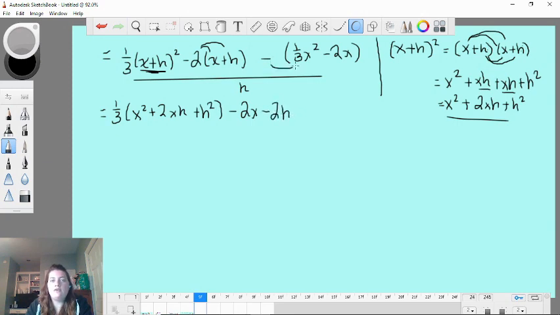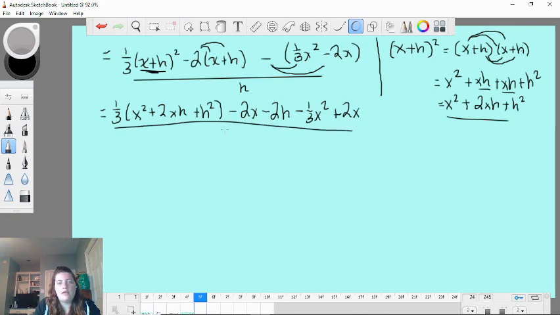I'm going to carry this negative through as well so we can get everything kind of on a straight line here. So you'll have minus 1/3 x squared. And then negative times a negative is positive, so negative 1 times negative 2x is positive 2x, okay? And this will all be divided by h, okay?